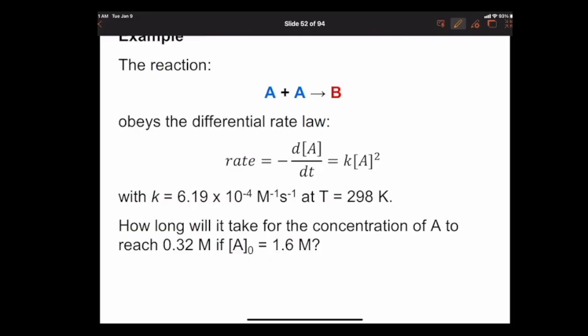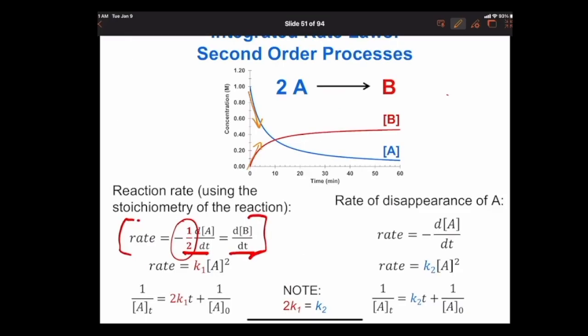So let's apply it. If you had a reaction, 2A becomes B, it follows the second order rate equation, rate equals Ka squared, and it has a K value. We're going to use it as our K2.